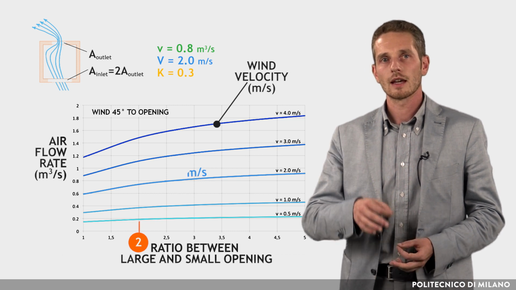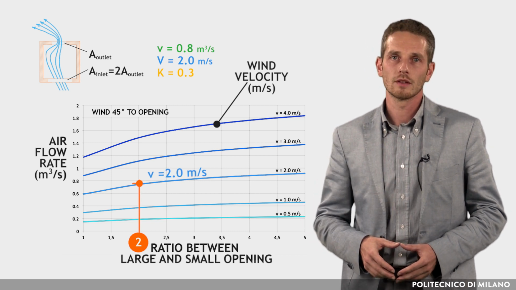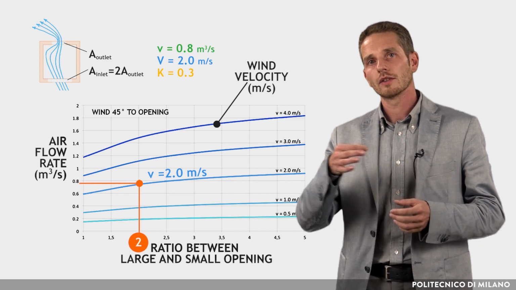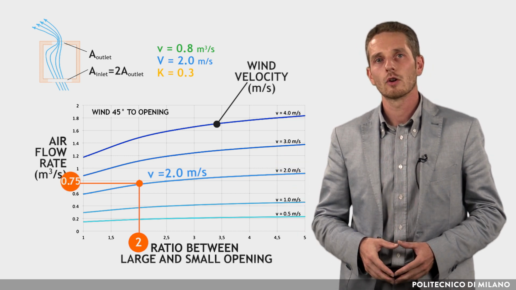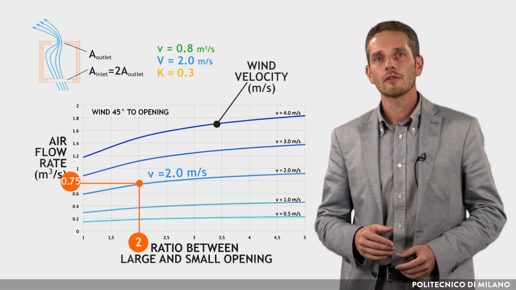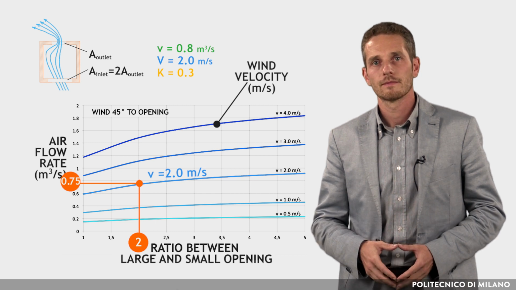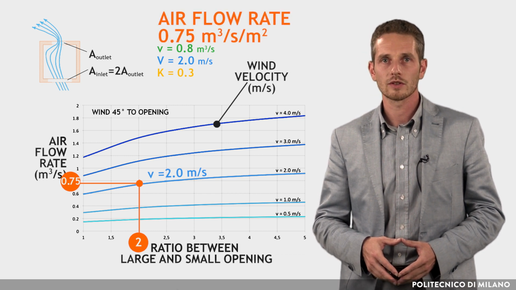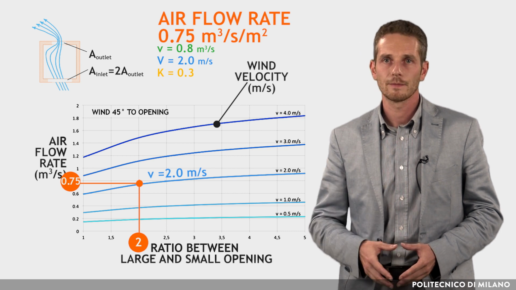Then we intercept the 2.0 wind velocity curve. Finally, we read on the y-axis the airflow rate given by 1 square meter of opening area referred to the smaller one. In this case, 0.75 cubic meters per second for each square meter.